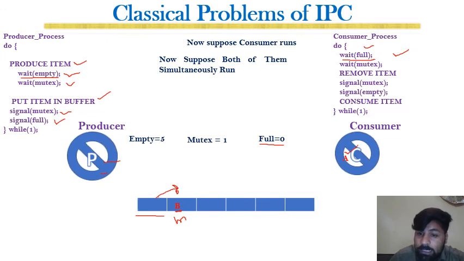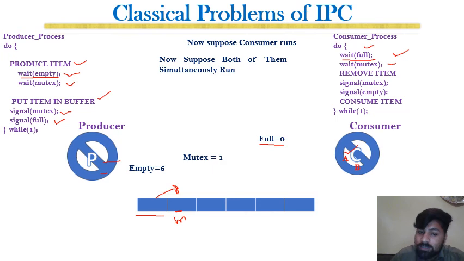Another thing is that wait on mutex will be called, so mutex value will be 0, and then an element will be removed, so B will be removed. Once B is removed, signal on mutex will be performed and mutex will become 1. Similarly signal on empty will be called and empty will become 6. And similarly the consume item will be consumed, so B will be consumed.